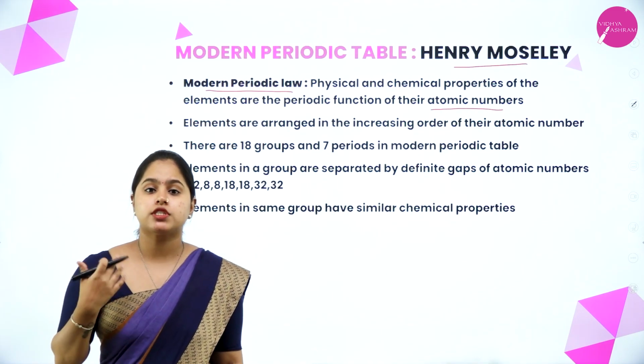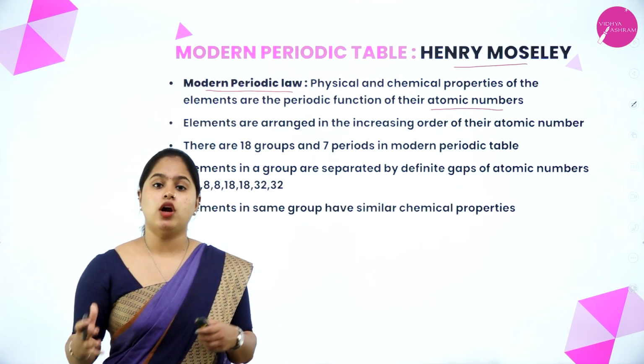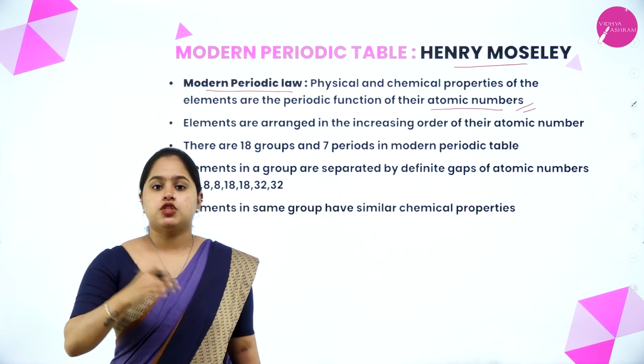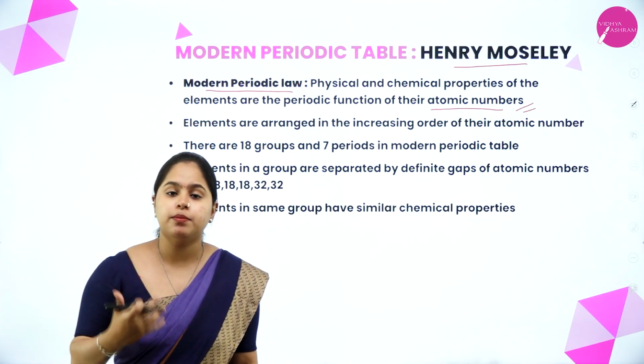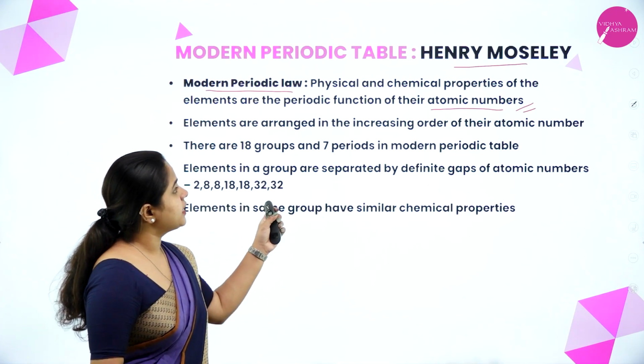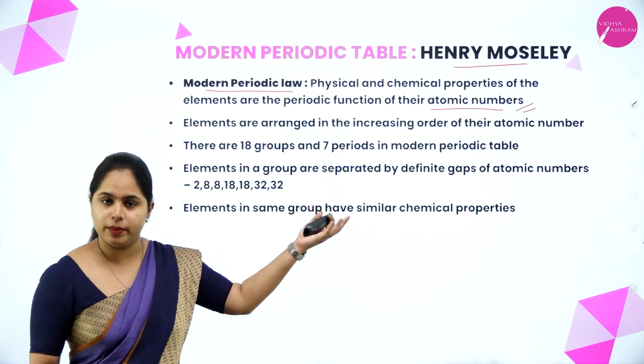What Henry Moseley found out is that atomic weight is not the perfect way to classify elements; it is atomic number. Atomic number is the more reliable way in which the elements can be classified.